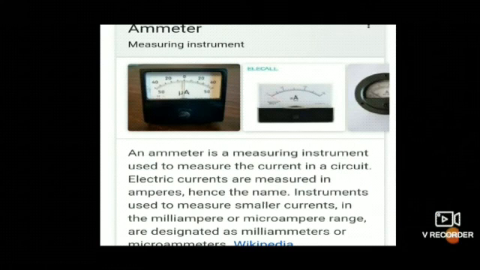The given picture is of an ammeter. An ammeter is a measuring instrument used to measure the current in a circuit. Electric currents are measured in amperes, hence the name. Instruments used to measure smaller currents in the milliampere or microampere range are designed as milliammeters or microammeters.